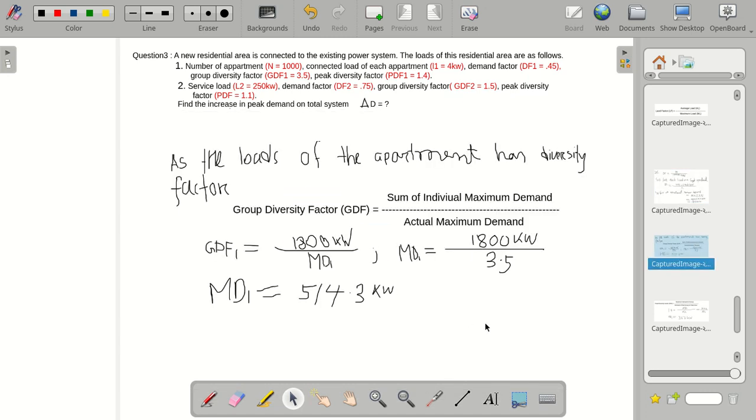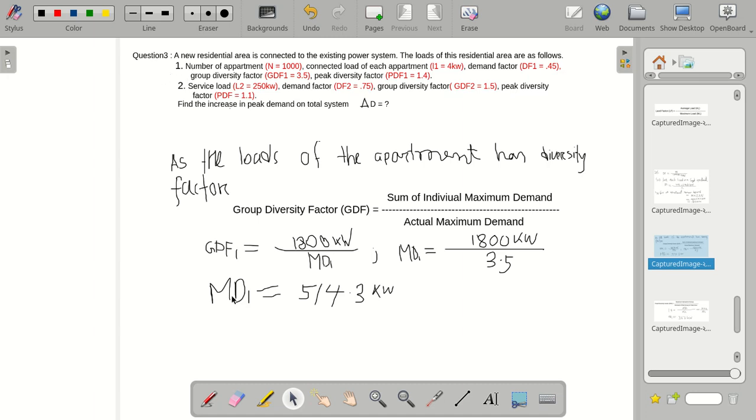To find out the actual maximum demand, we have to use this formula. We have seen it before. Group diversity factor, GDF, is given here as 3.5. Group diversity factor is the sum of individual maximum demand divided by actual maximum demand. We found the sum of individual maximum demand previously, 1800 kilowatt, and divided by the actual maximum demand MD1 of that group number 1.